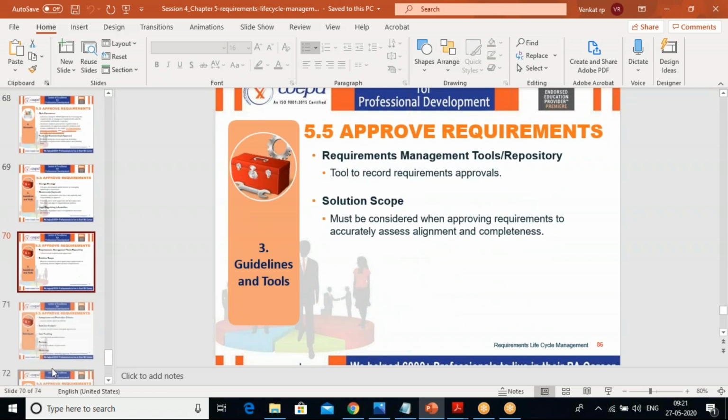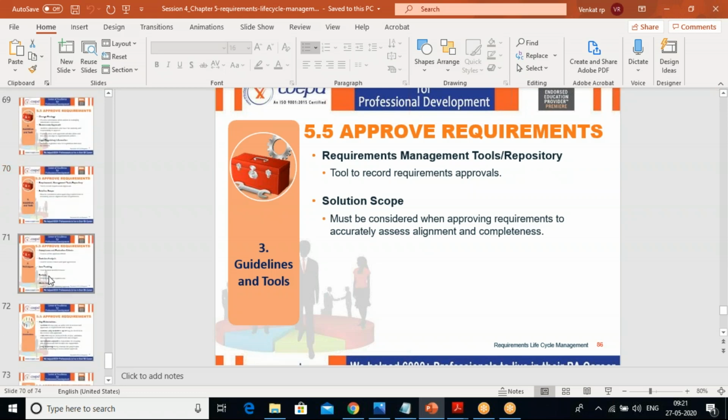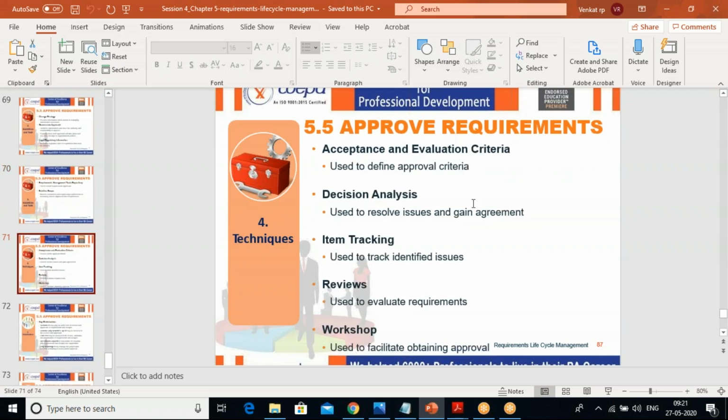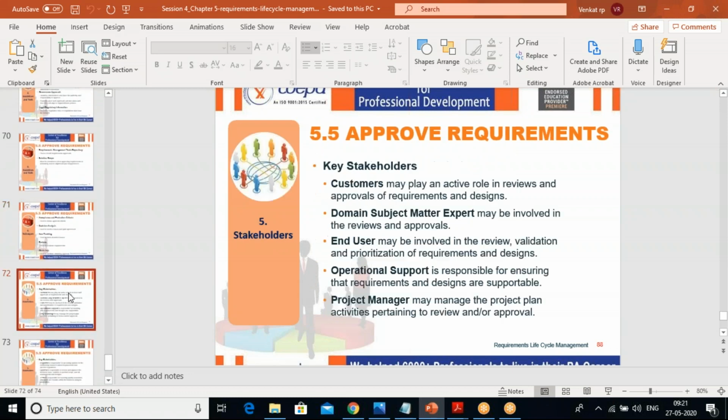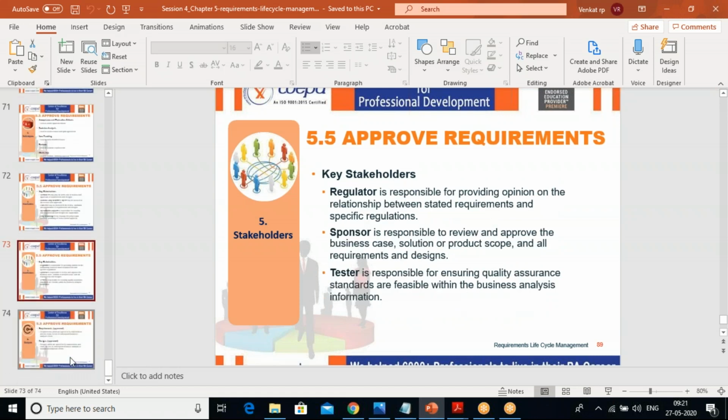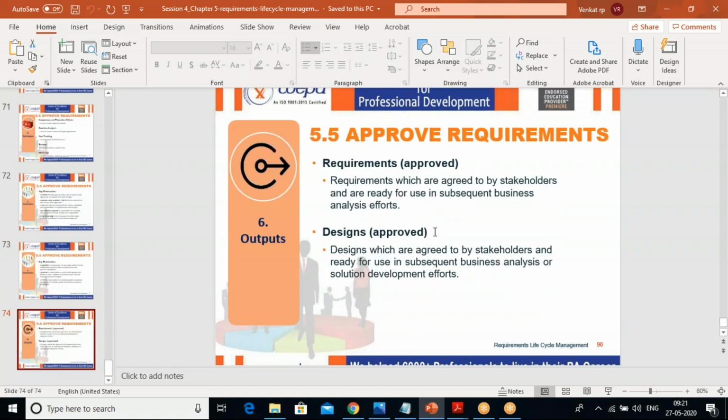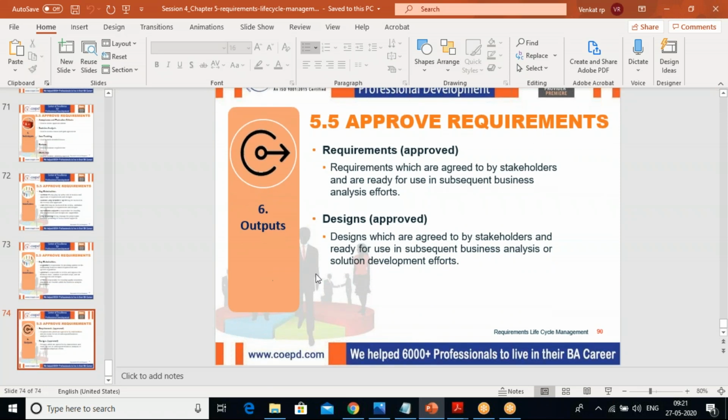Next, the techniques used here are acceptance and evaluation criteria, decision analysis, item tracking, reviews, and workshops. Then the stakeholders come into the picture, and after the stakeholders, the output is requirements approved and designs approved.